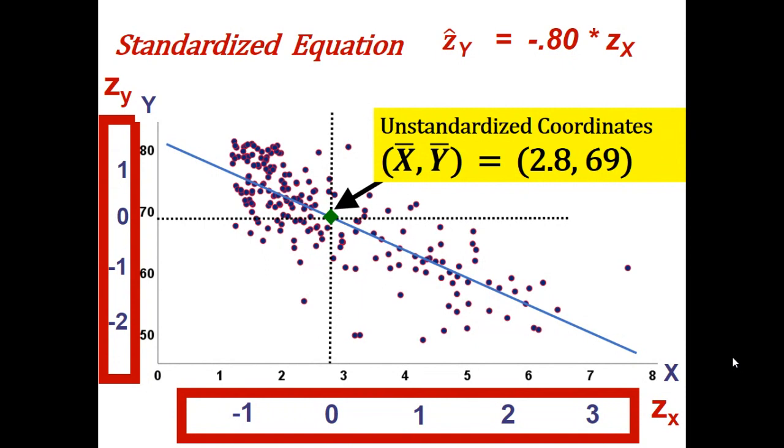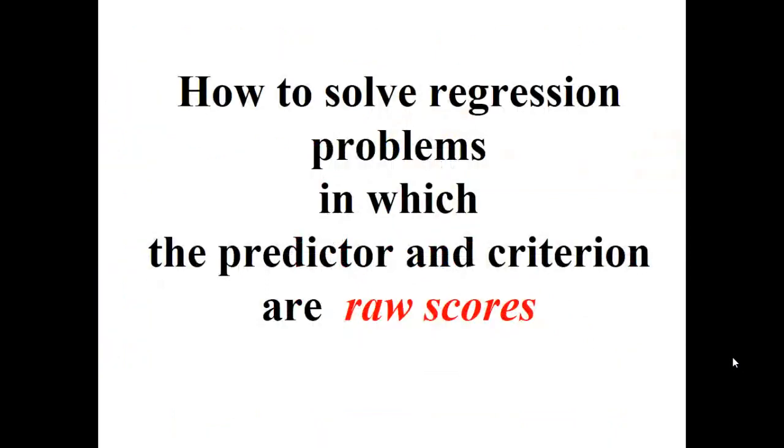Now, we'll be using this essential fact about the point of averages in the future, but for the meantime, let me go back to the magic formula. A minute ago, I showed you how the magic formula can be used to solve regression problems if the predictor and criterion are z-scores.